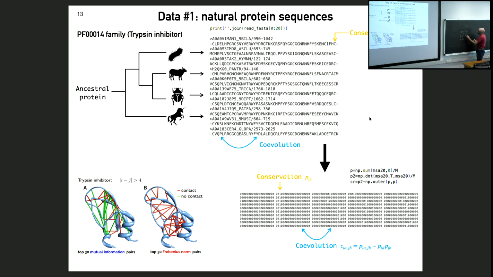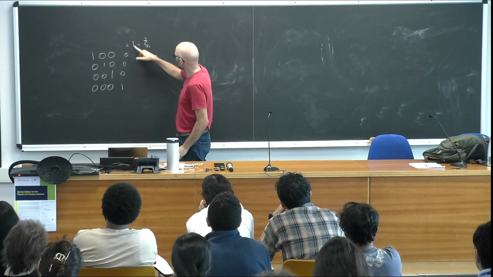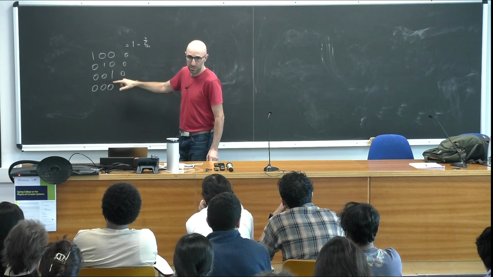You could do this, which would be the full one-hot encoding, but then this column is a linear combination of these columns, because this column here is 1 minus the sum of the first 3 columns.